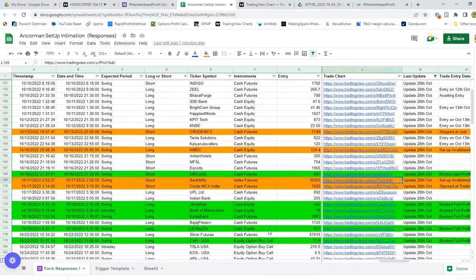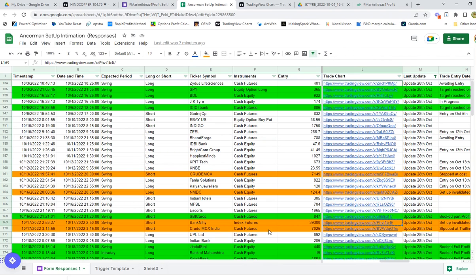This is the system of how I am logging my trades and how I am tracking them, and I'm trying to build transparency into the system. When I log, it's online. When I post them, it's absolutely available in real time for anybody to check.